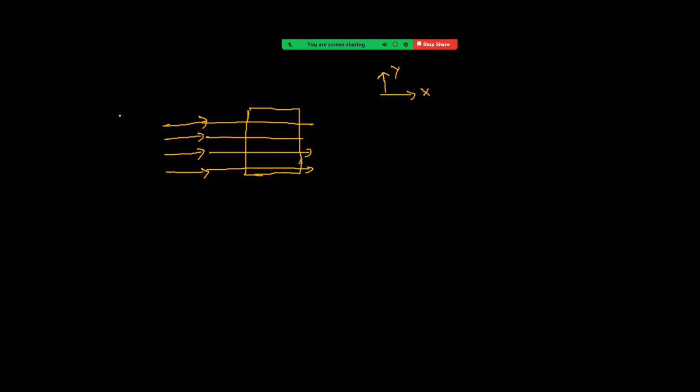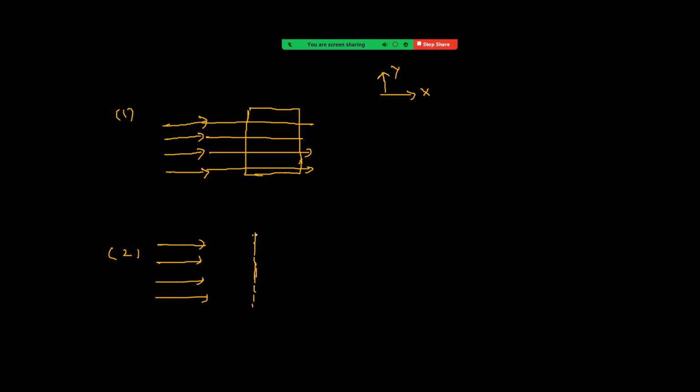Take this as case one. Let us consider the same field lines, but I'm imagining the same rectangle, now in the YZ plane. YZ plane means if we see from this side, it appears just like a line. I'm repeating, we have taken this rectangle in the YZ plane. Then how does it appear for us?